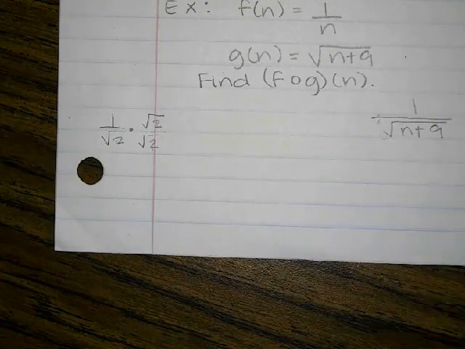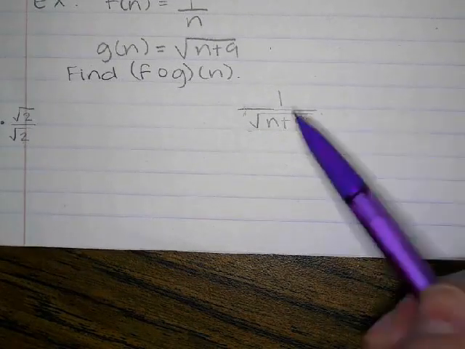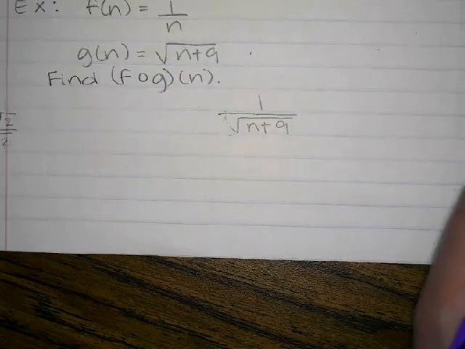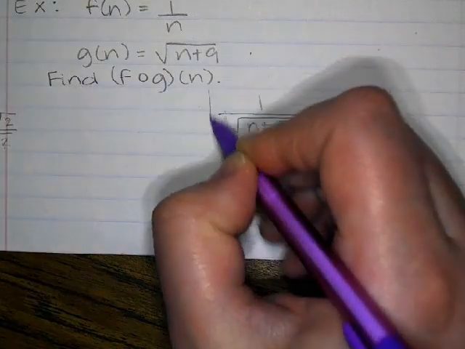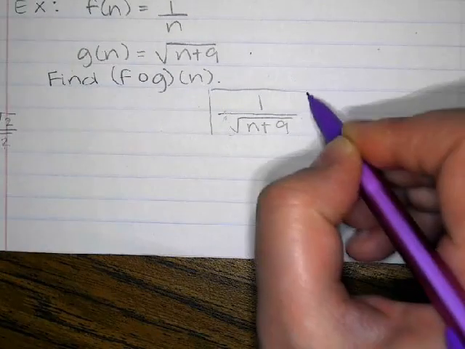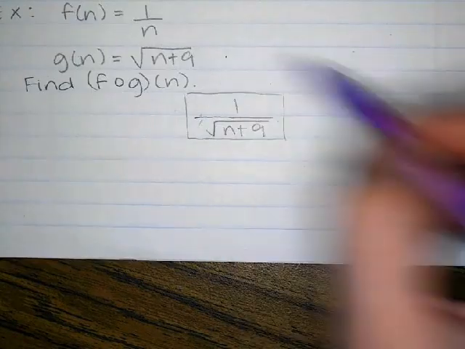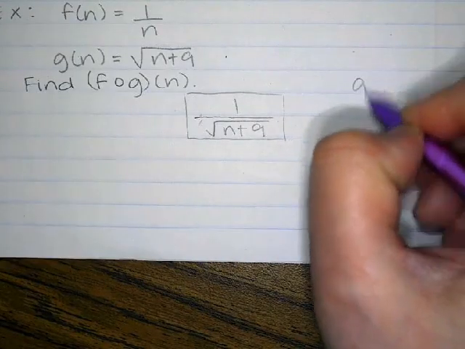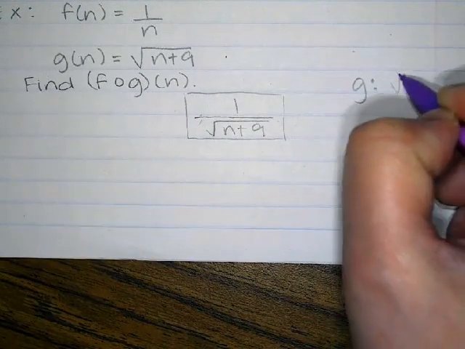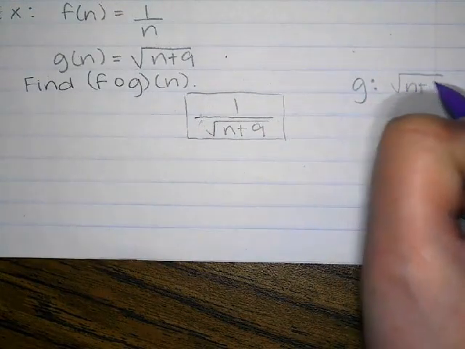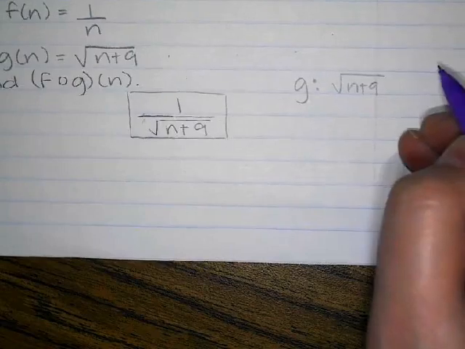Okay, so if this is our problem, we're going to say we're done here. This is our answer. But let's go back and find the domain. So we know that the piece that we're looking at, the piece we plugged in, is g. g is the square root of n plus 9. And so how are we going to find the domain of the input function?